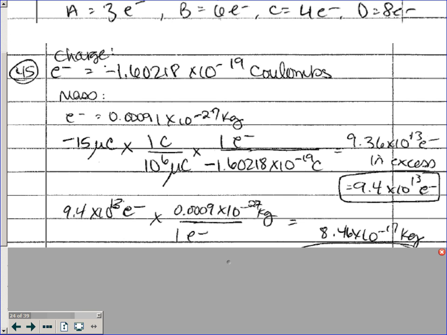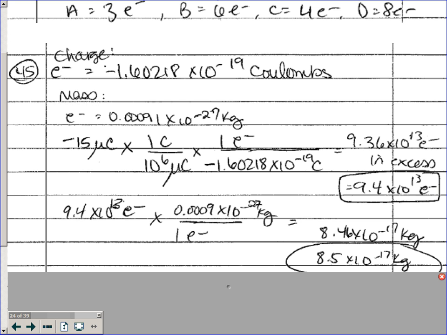It's 9 times 10 to the negative 31st, like you said, Emily, and that's kilograms per 1 electron. So taking your number of electrons, canceling it out, you get to kilograms, and you should get 8.5 times 10 to the negative 17th kilograms, which is the total mass of all of those electrons.